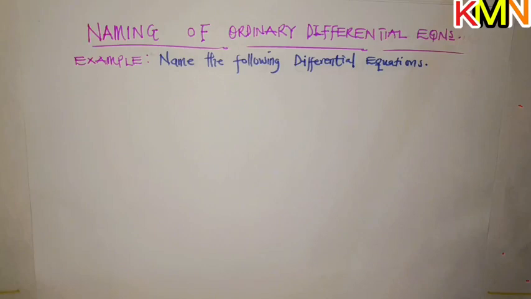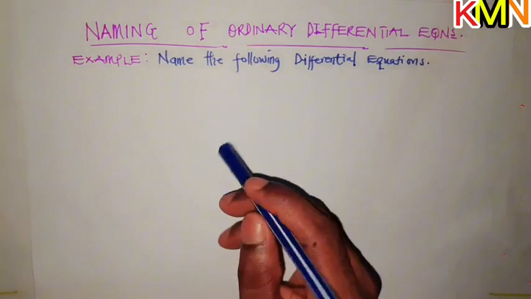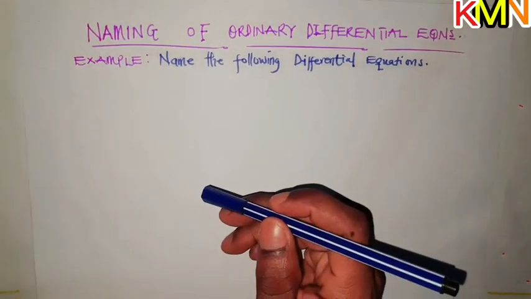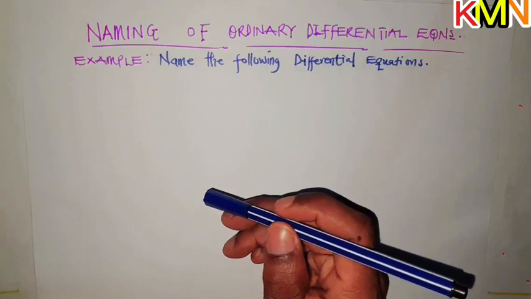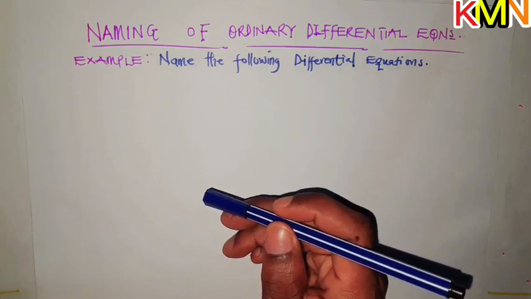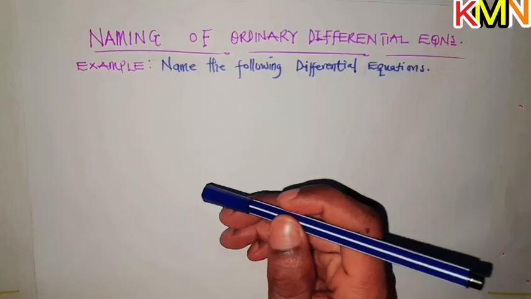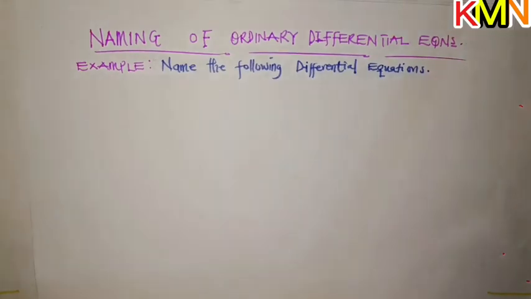You check which order that particular differential equation is. After that, you also look at whether that differential equation is linear or not linear. Then later, you look at whether it is homogeneous or not homogeneous. So that is what we are going to look at. So without wasting more time, let's look at some examples.